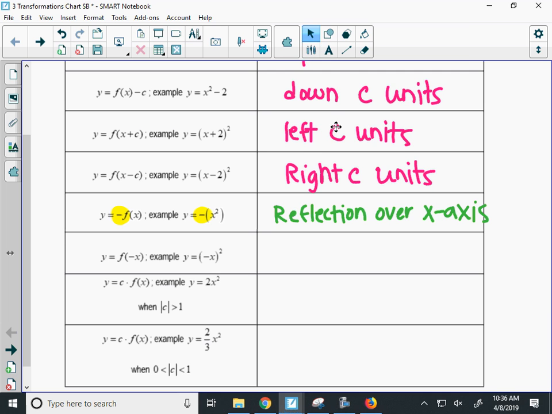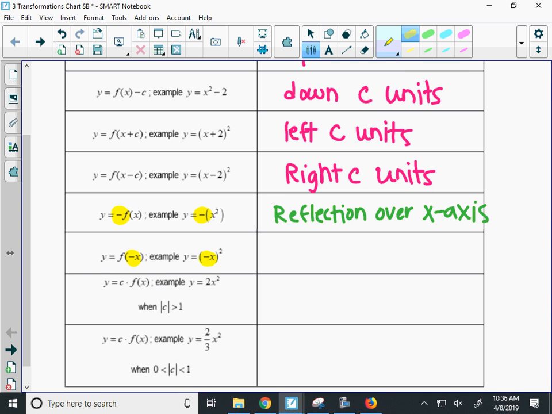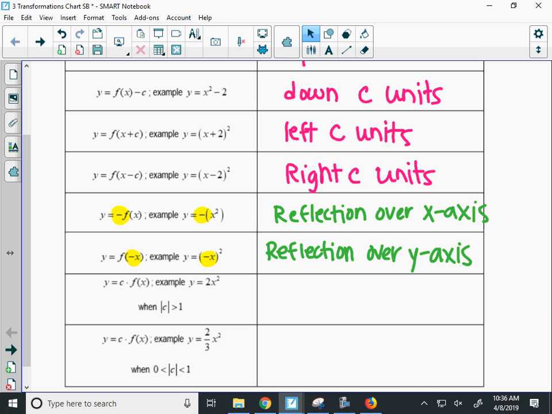Now the difference here on the next one is that the negative is inside the parentheses. It has to be inside the parentheses in order to be a reflection over the y-axis.